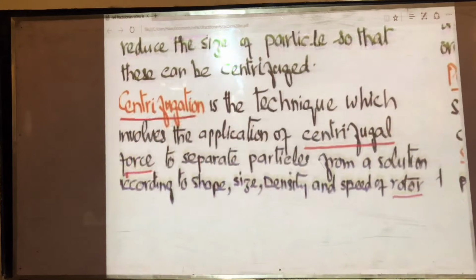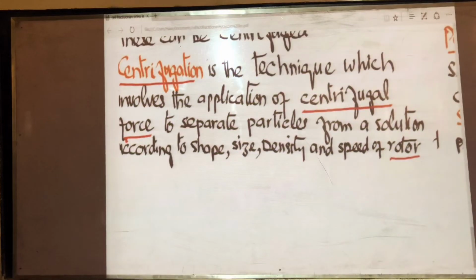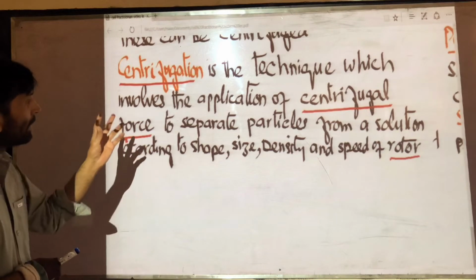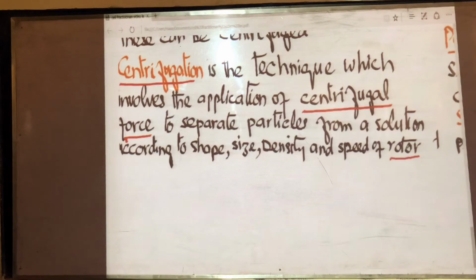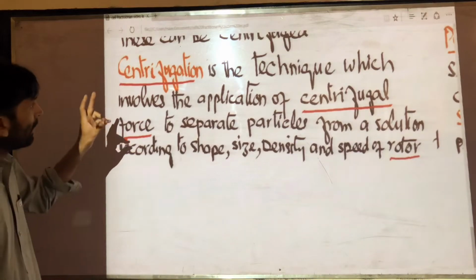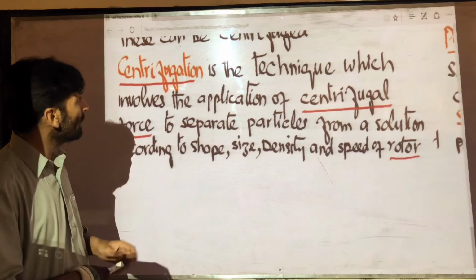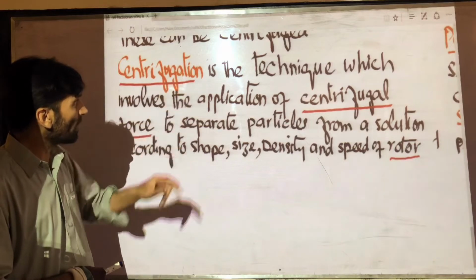So, the other step after homogenization: the substance in the test tube is called homogenate. This homogenate is then shifted to a machine which is called centrifuge machine, and the process of separation of cell organelles in centrifuge machine is called centrifugation.